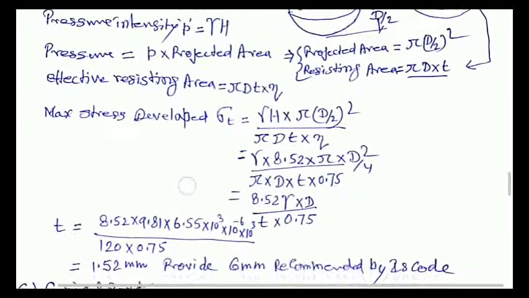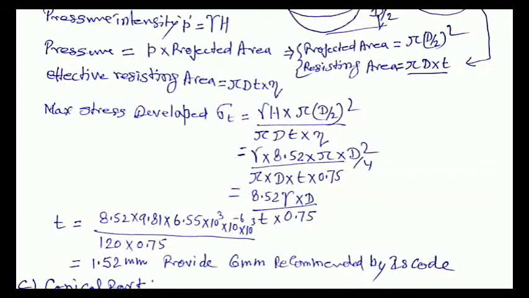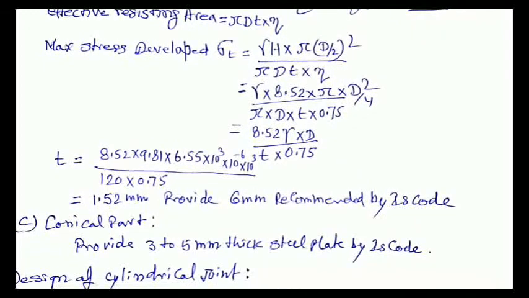So maximum stress developed, sigma t, will be gamma h into pi d by 2 whole square, this is the total pressure force, divided by pi d t, this is peripheral area, into eta, efficiency. So we may find out the thickness t here again, putting all the values.